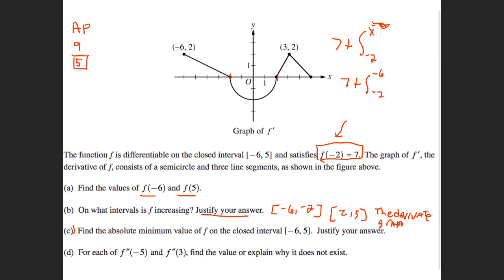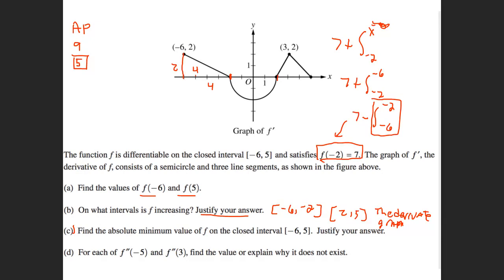Inverse it. Yes, but what do you have to do if you do that? You have to make this a minus. So 7 minus the integral from negative 6 to negative 2. So what does this tell me? It tells me to find the area underneath the curve from negative 6 to negative 2. That's a triangle, 4 times 2, which is 8, divided by 2, so this is 4.